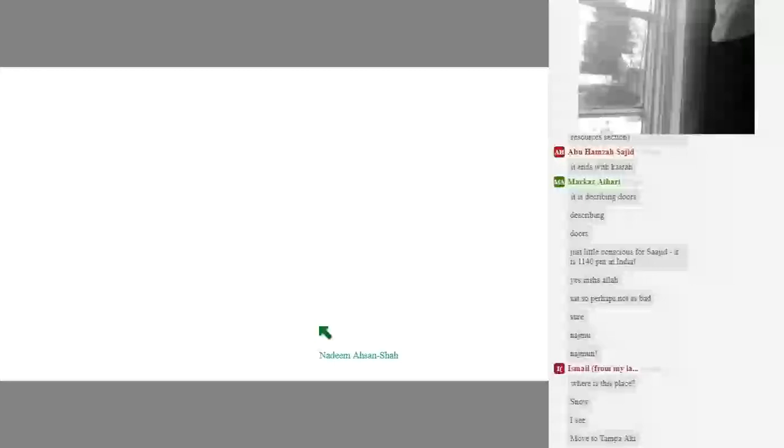All of this is mubtada, and those two words are related to each other and refer to one thing. Now, this one thing which is mubtada, is it the doors or is it the masjid? What's the focus here? My brothers, what's the focus here? Exactly, the doors of the masjid.